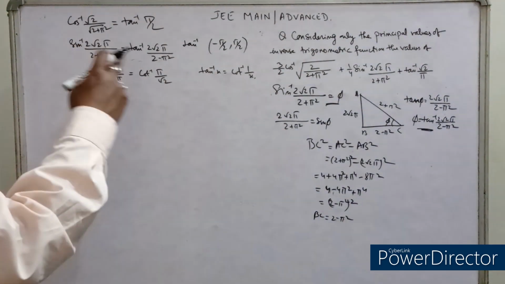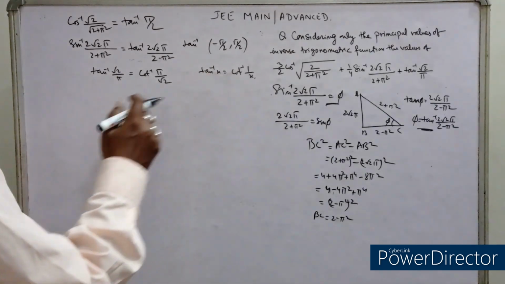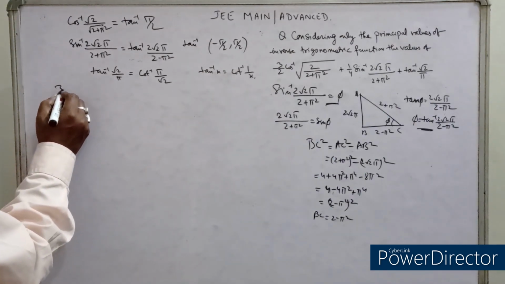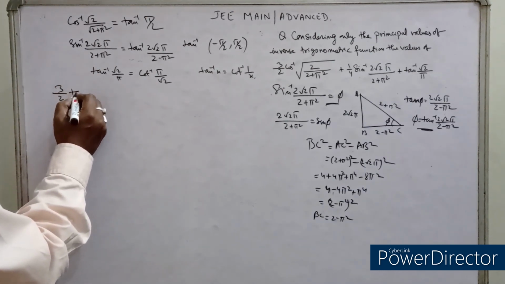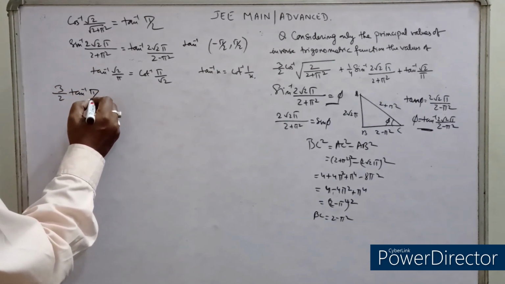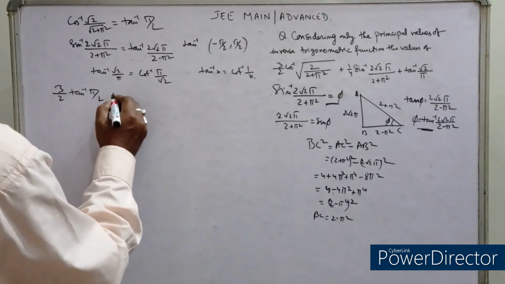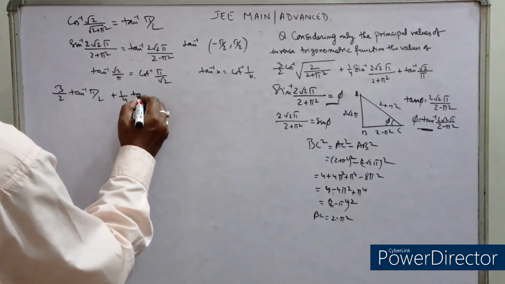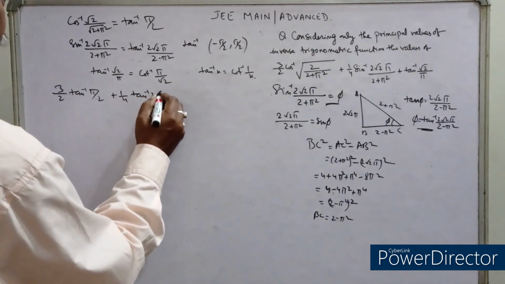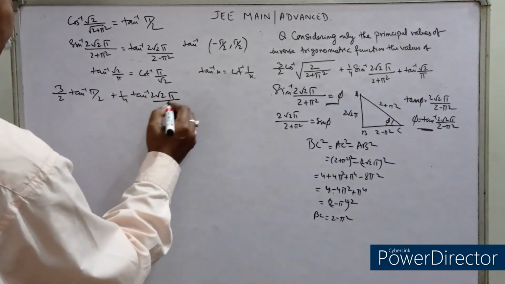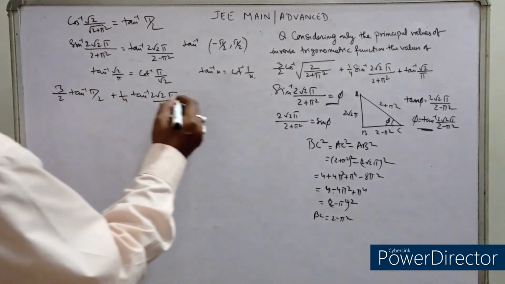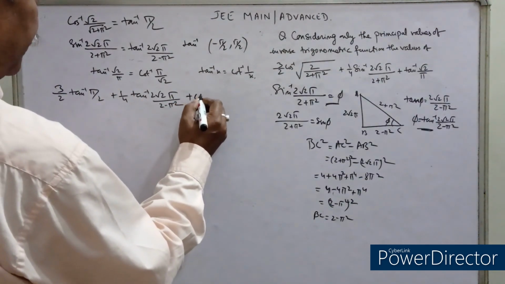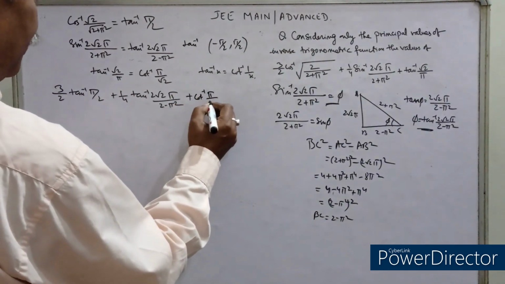Now I am going to place this value here. 3 by 2 times tan inverse pi by 2, then plus 1 by 4 tan inverse 2 root 2 pi by 2 minus pi square, and this is cot inverse pi by root 2.